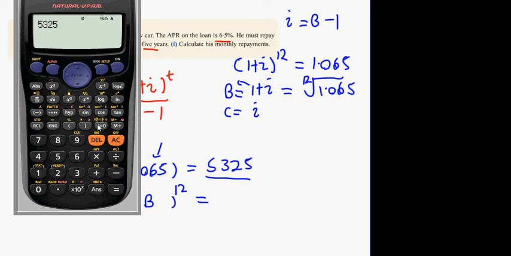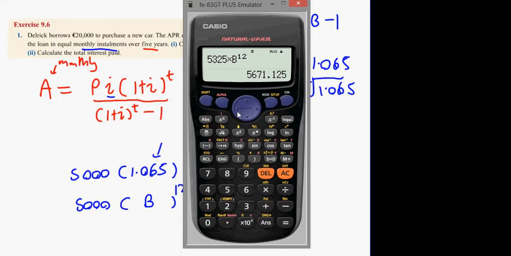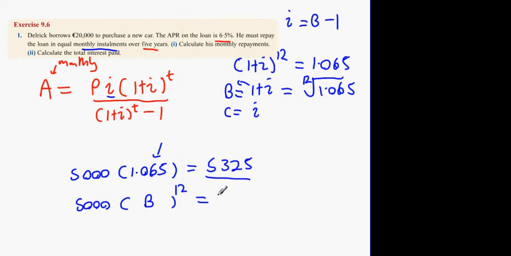Sorry, it's not 5,320, it's 5,000 that came in too high. 5,000 by B to the 12 gives us 5,325. So it's the same thing, except we're using a monthly rate this time. The monthly rate is the 12th root of 1.065.